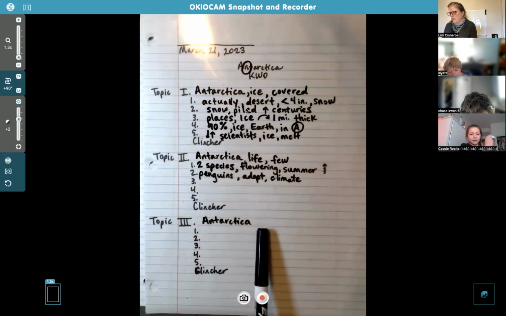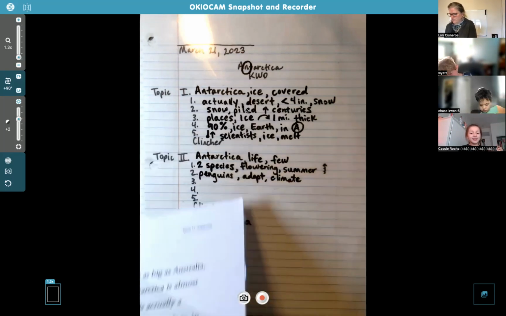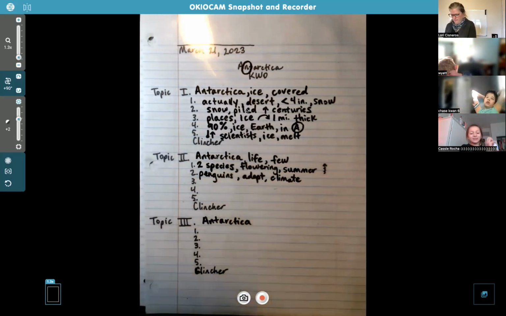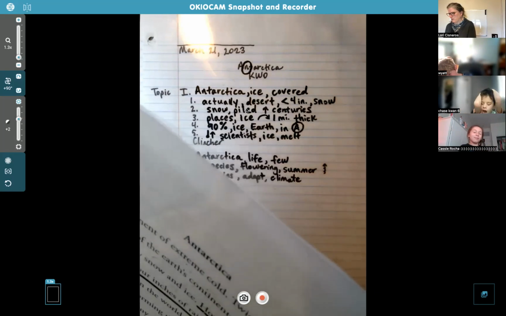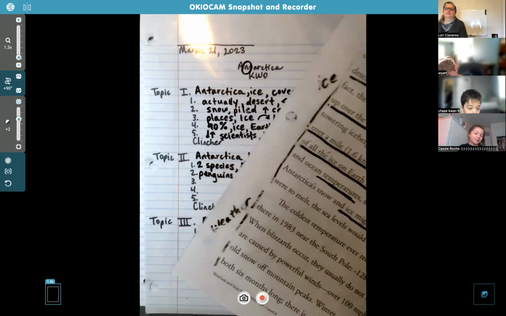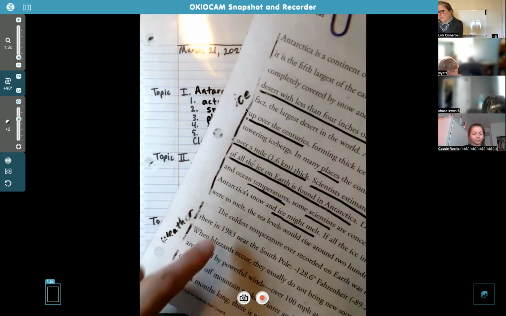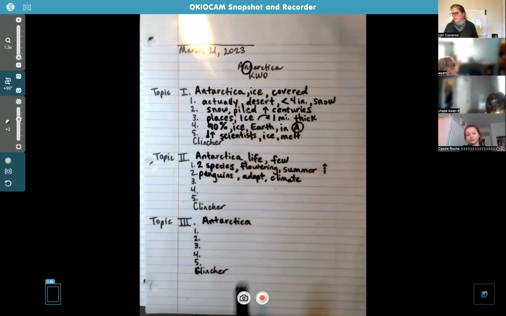Are you going to write about the weather or people? The weather. Because I think a lot of people know that people don't really live in Antarctica. Okay. Yeah. So weather would be this paragraph on the bottom of that first page. So you would find information here or both if you want to include both in this last topic.